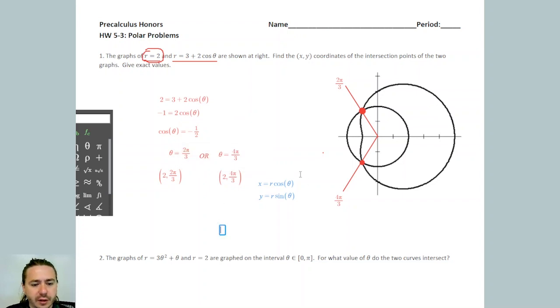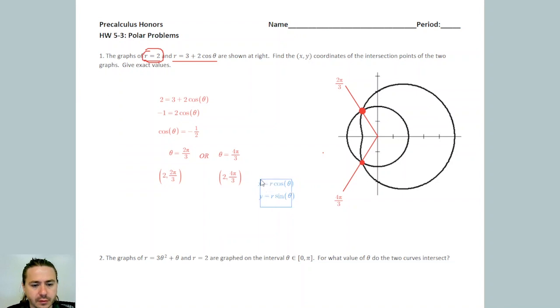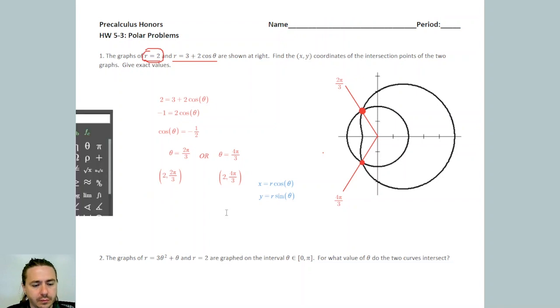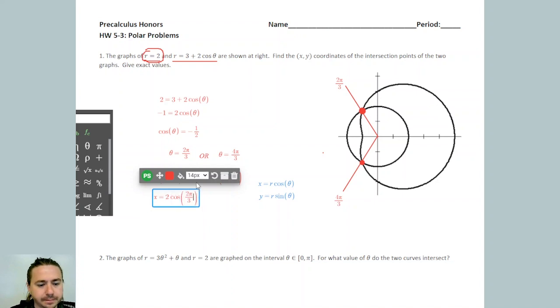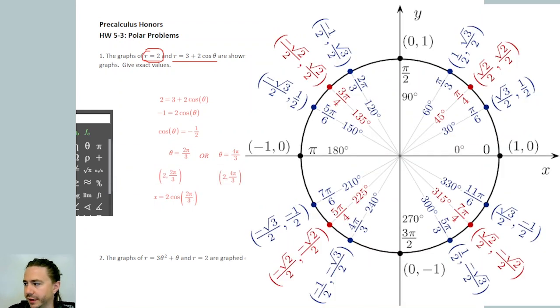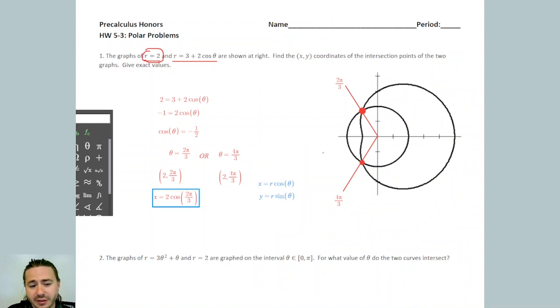Okay, so for the first one, we'll have 2 times the cosine of 2 pi over 3 for x. Now the cosine of 2 pi over 3, if we bring up that unit circle, we can see that it is negative 1/2, which is basically what we're expecting, right?